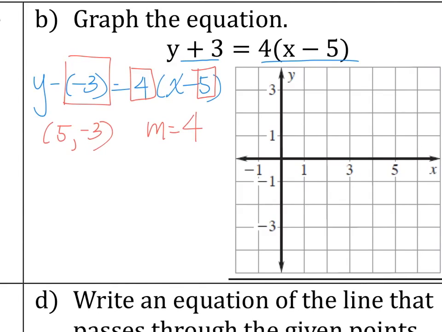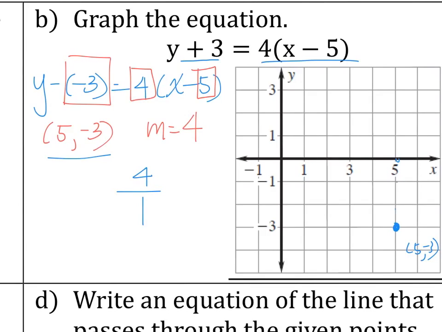So, to graph this, I'm going to have to first plot 5, -3. So I'm going to do that. 5 is right here, and I need to move down 3 units. 1, 2, 3. Now I need to look at the slope now. 4/1.